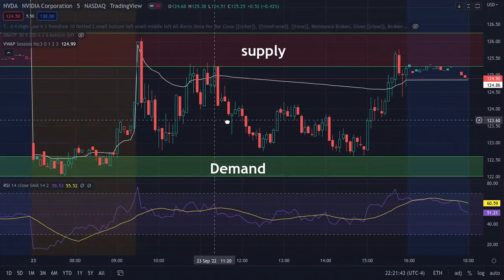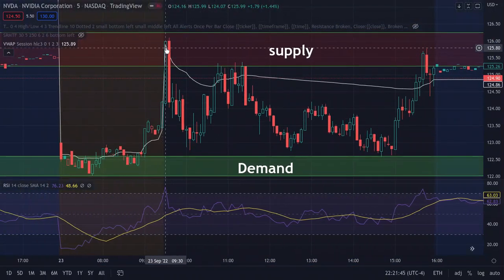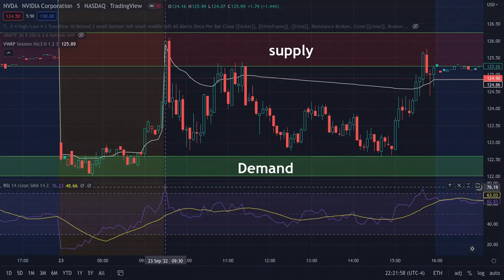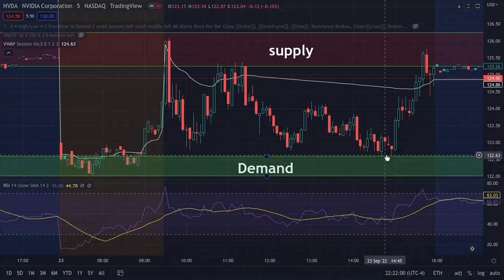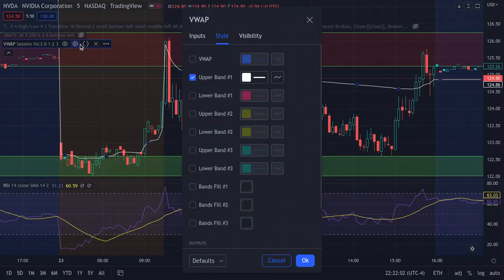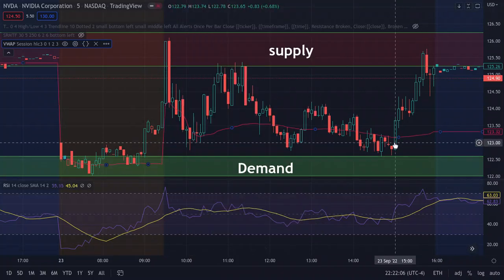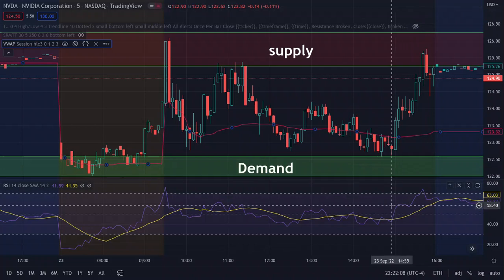And like I said, we can use the VWAP as just another indicator to help us. So it breaks the VWAP and it starts trading below the supply zone, and we can see it's oversold on the RSI. We can take some long positions around right here.